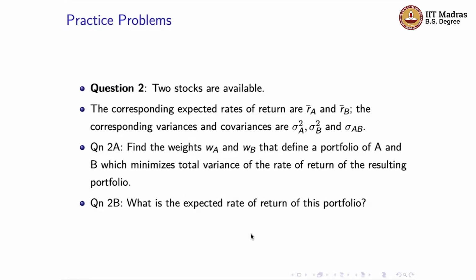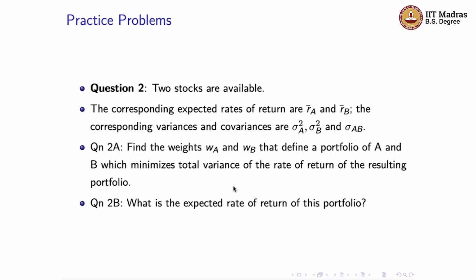We are asked to find weights WA and WB that define a portfolio of A and B which minimizes the total variance of the rate of return of the resulting portfolio. And after we have found that portfolio, we are also asked to calculate the expected return of this portfolio. So these are basically our choice variables, these are our parameters, and on the basis of this, we are asked to do this optimization problem.